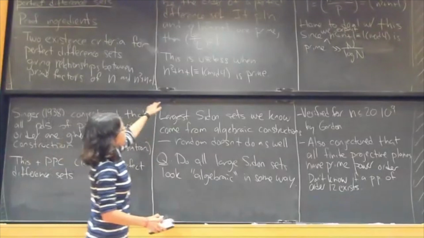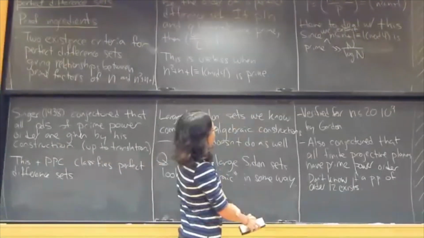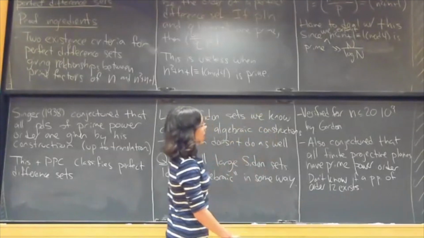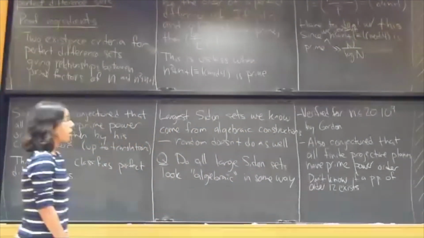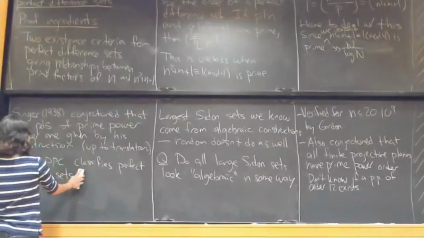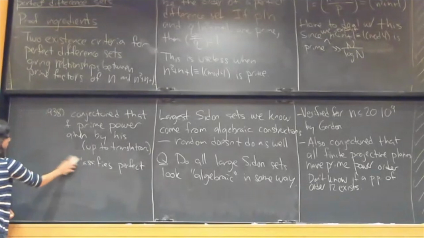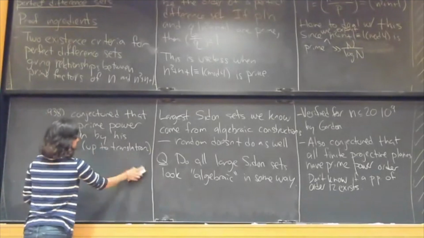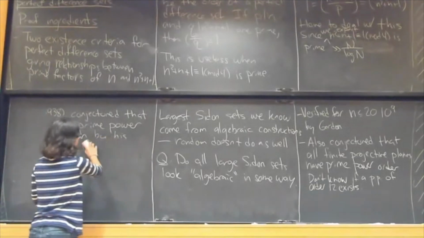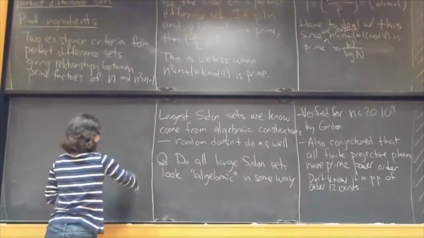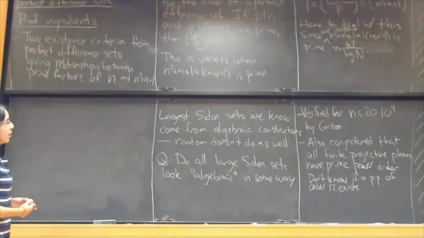So this result of Mann isn't enough to deal with the case when n squared plus n plus 1 is a prime that's 1 mod 4, which we have to deal with. So I had to prove another existence criterion just for this case, which, like Mann's theorem, is a not very difficult consequence of the theory of multipliers.